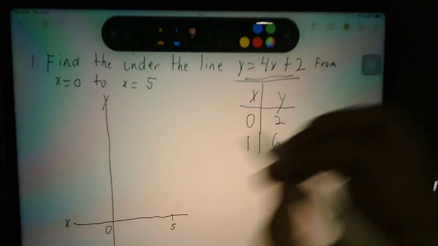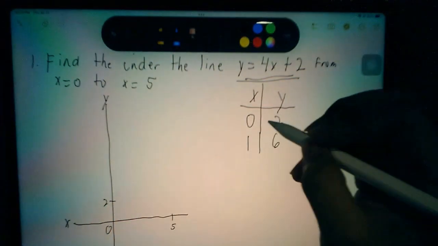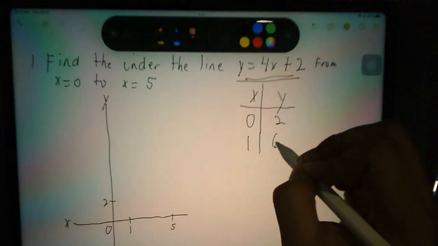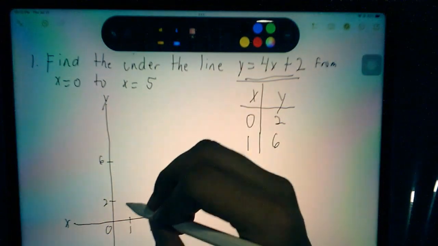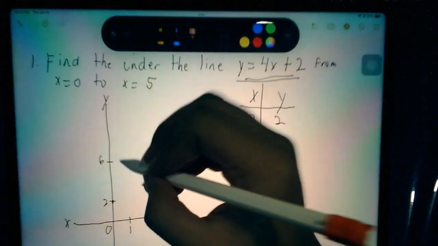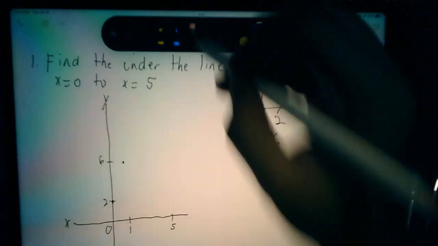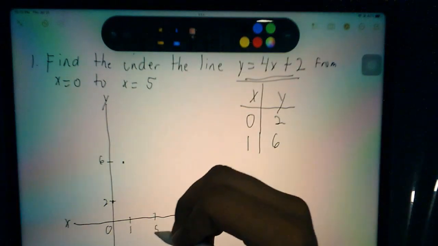If x equals 0, our y is, let's say this is 2, and if x equals 1, our y here is, let's say this is 6. So 0 to 2 and 1 to 6. We put this closer so it won't look awkward.